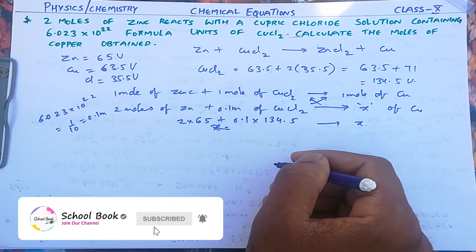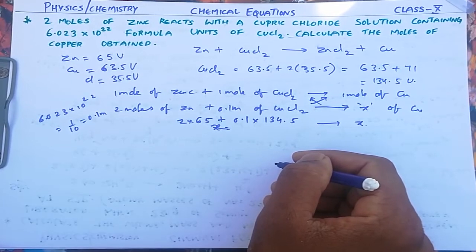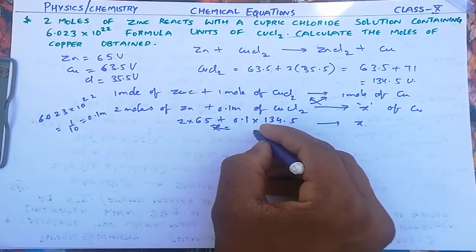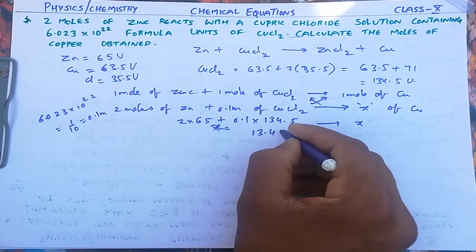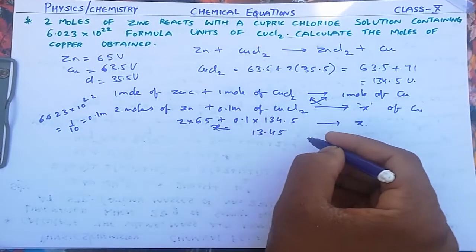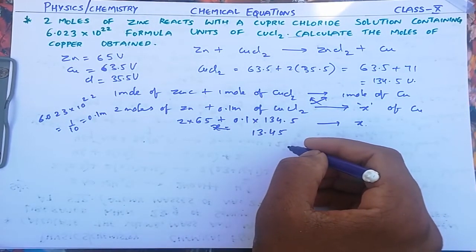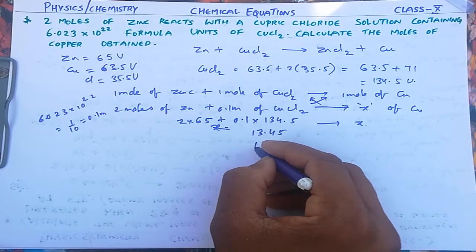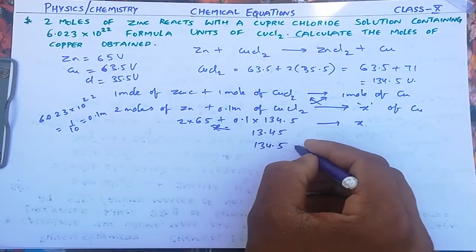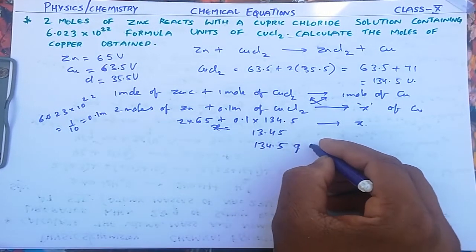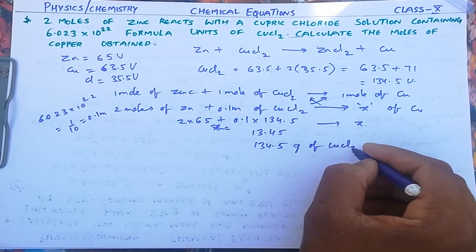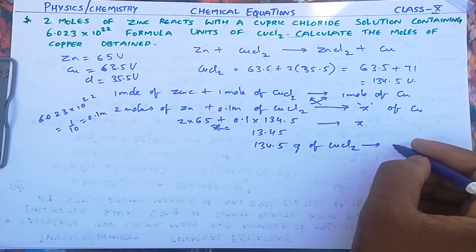So now cupric chloride, this value will become 13.45. 0.1 into 134.5 is 13.45. Then 134.5 grams of cupric chloride CuCl2 gives how many grams of copper?